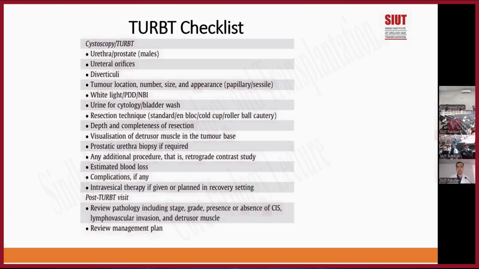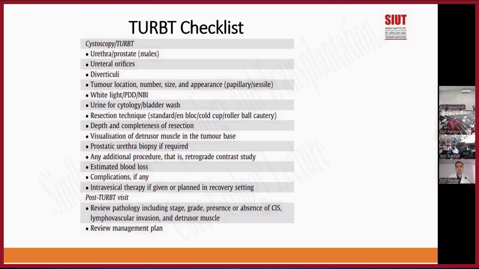This is the checklist for the TURBT. First, cystoscopy is to be done. Urethra, prostate, urethral orifices, and diverticula are to be seen. Tumor location, number, size, and appearance. White light or narrow band imaging. Urine for cytology is taken.